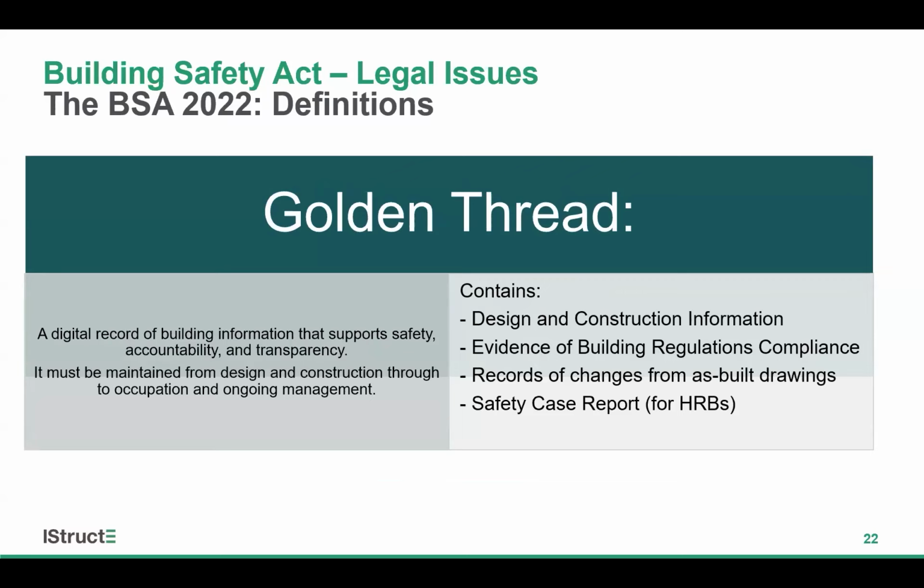There's also mandatory occurrence reporting, which I'll go into later in the slides, but it's important to note that the golden thread and mandatory reporting only relate to higher risk buildings. To my mind, much of what's required by the golden thread is not particularly new and was probably being undertaken in a perhaps more haphazard way on previous construction projects, but the new rules provide more formality as to how this record keeping should take place.